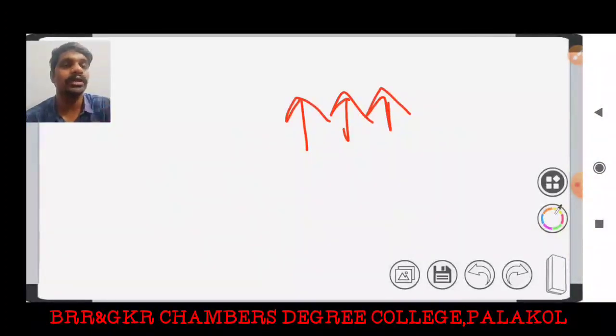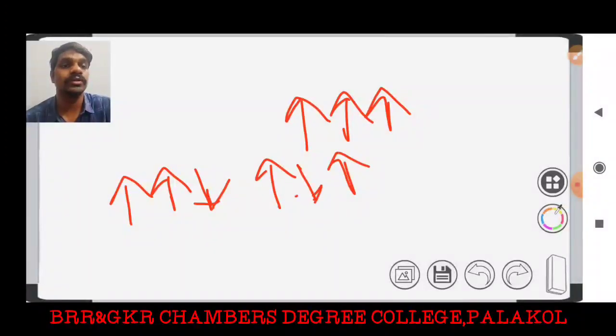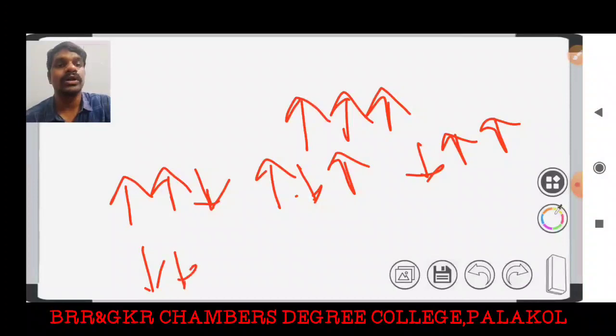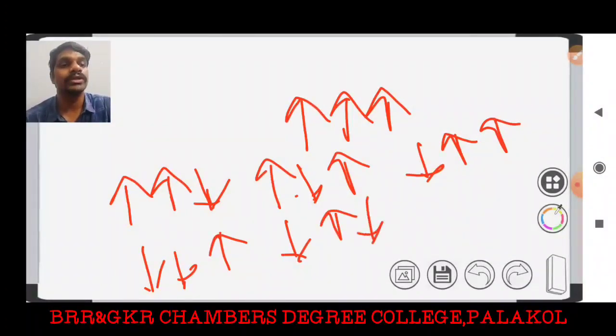Here, all three hydrogen nuclei are positive; or two nuclei are positive and one is negative. First one is positive and third one is positive, and the middle one is negative; or the first one is negative and the remaining two hydrogens are positive. Or first two are negative and another one is positive.